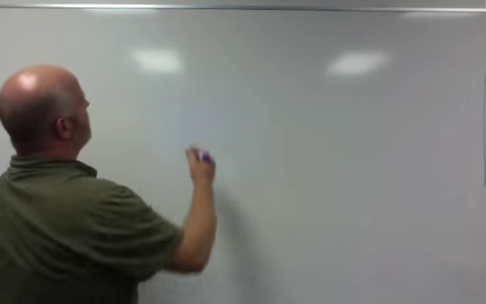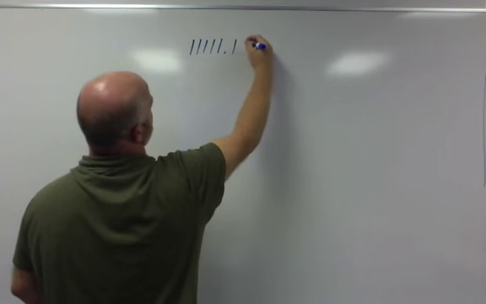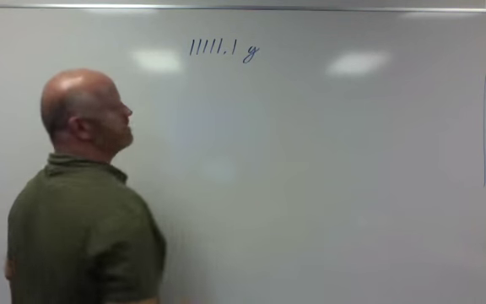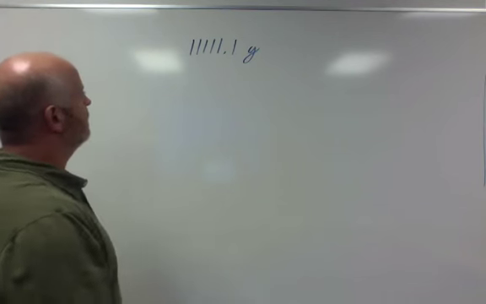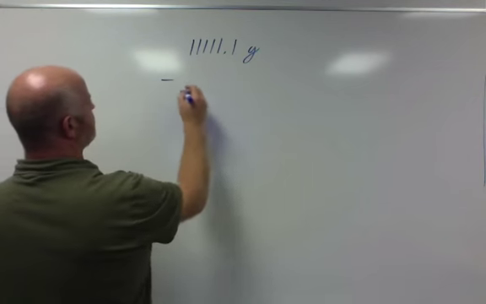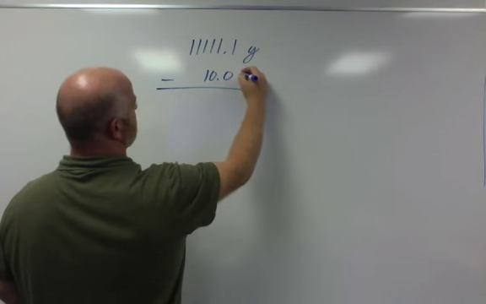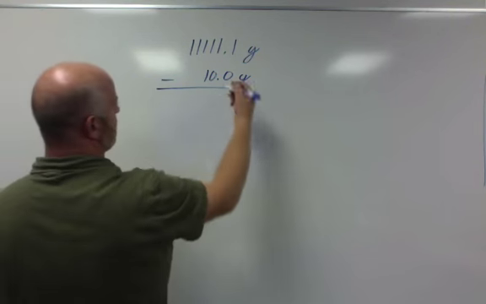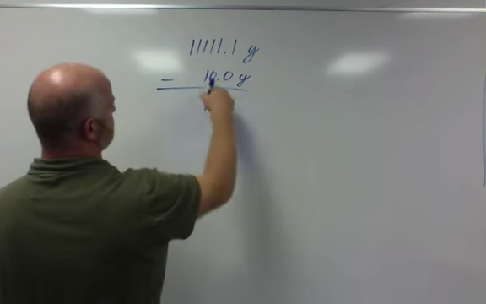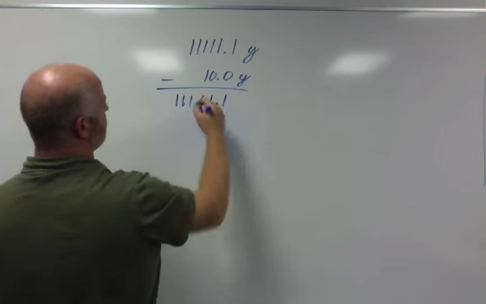Let's say I have 1,100.1 grams of something. I'm not sure what that would be, but that's what I have. And let's say I subtract away 10.0 grams. If I do my normal math, 1 minus 0 is 1, for my decimal 1 minus 0 is 1, 1 minus 1 is 0, and then I have 3 ones left over.